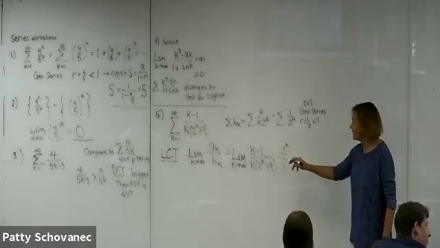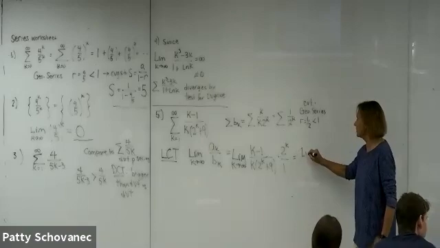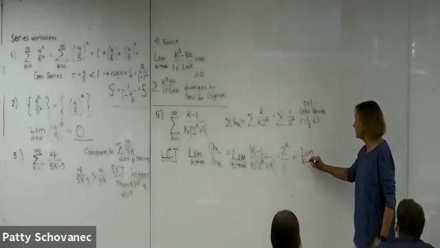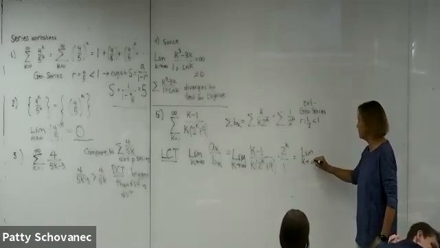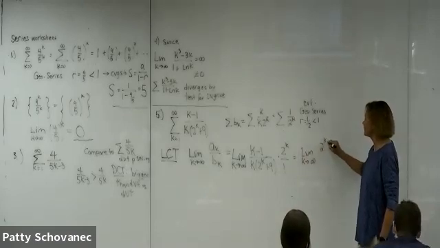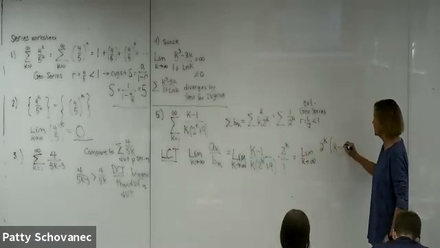So what if I factor out a 2 to the k top and bottom? Maybe that'll be easier to see what happens, since 2 to the k is the pulling force on this guy. If I factor that out in the top, I get a k minus 1 here.